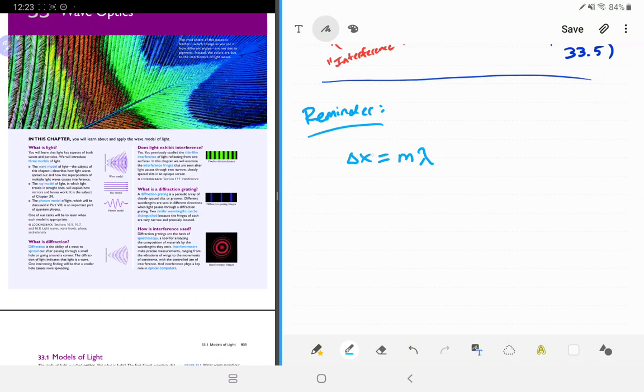And you can say, well, I have 1.5 wavelengths or 3.2 wavelengths. You can have any value of m right here. So you're just writing the path length difference in terms of wavelengths. And if m is an integer, so if m is 0, plus or minus 1, plus or minus 2, etc., then you have constructive interference.